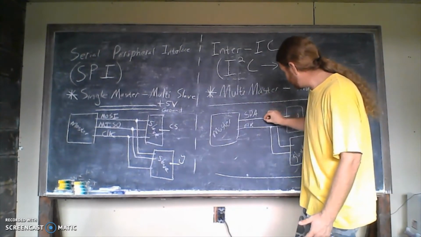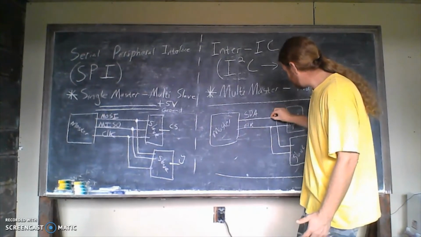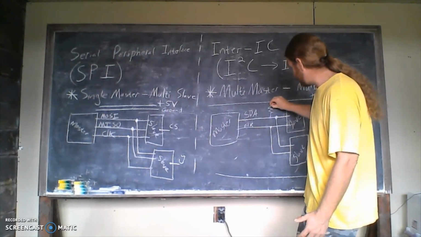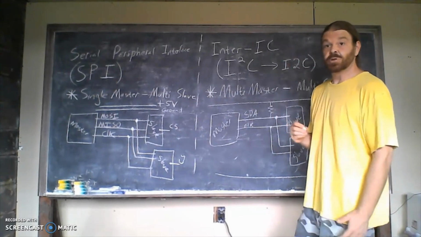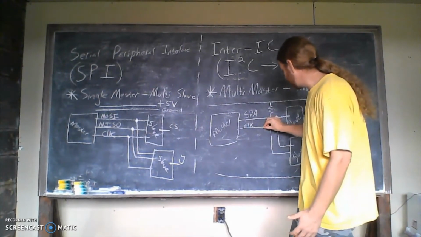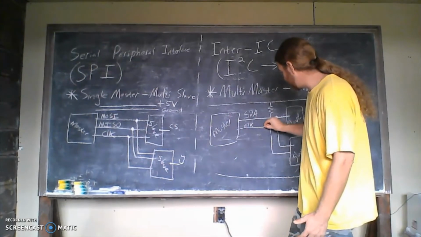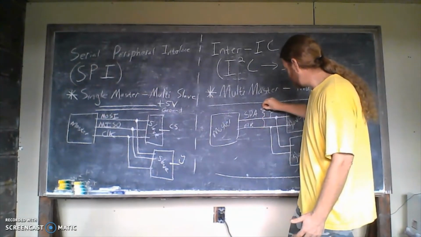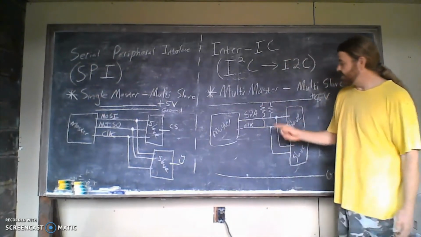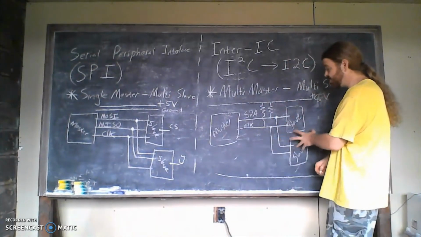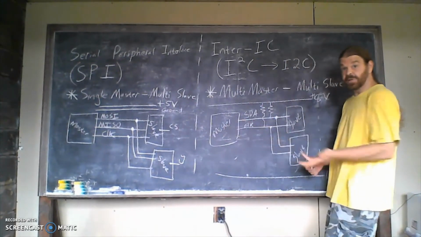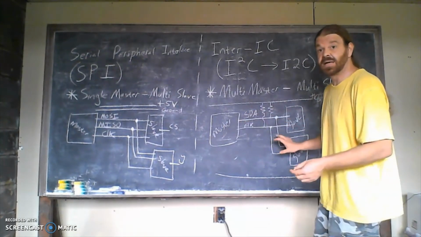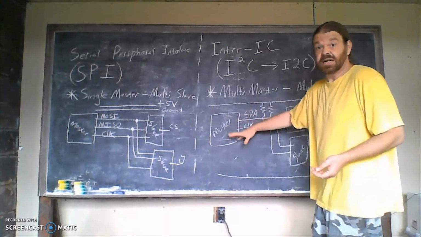So what we do is both of these lines have little resistors on them going to the source voltage, the voltage coming in. And so that always makes it so that if nothing is sending anything down the line, so if nothing is happening on this line, everything's just kind of floating.